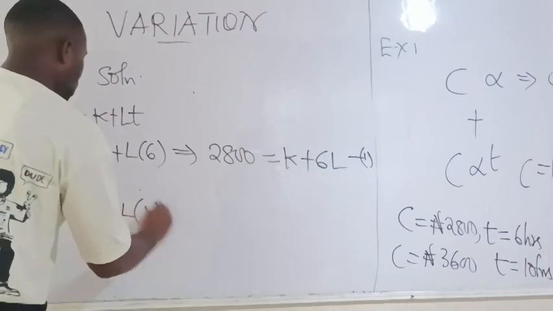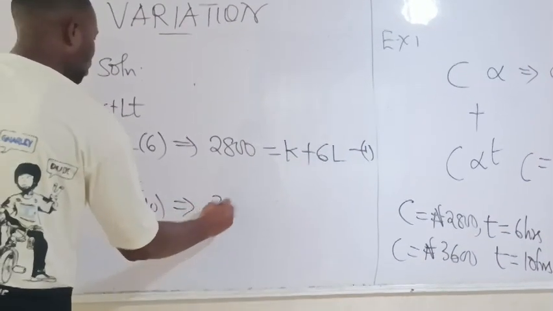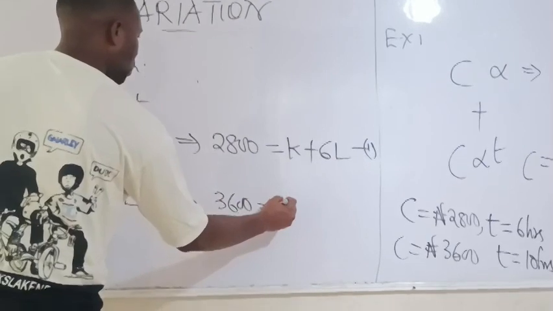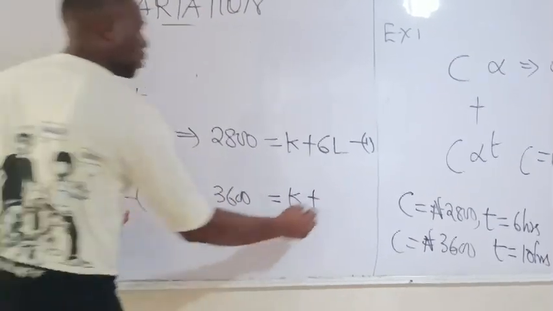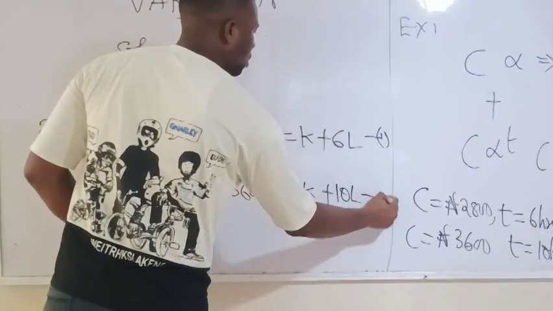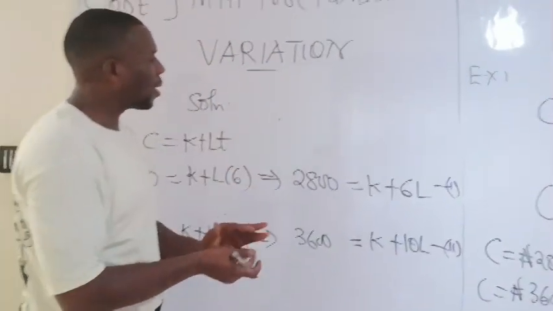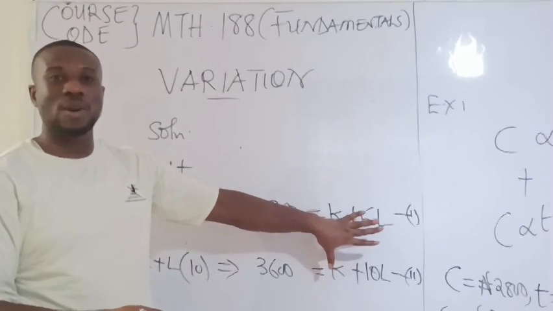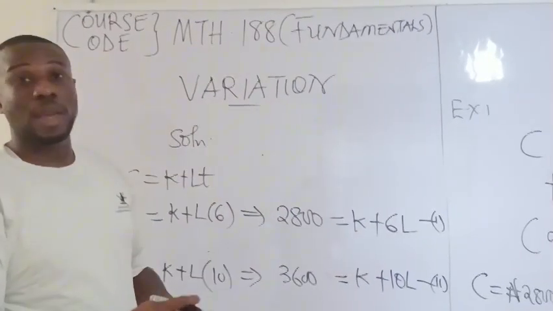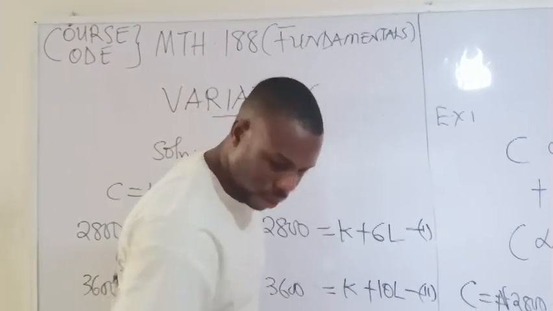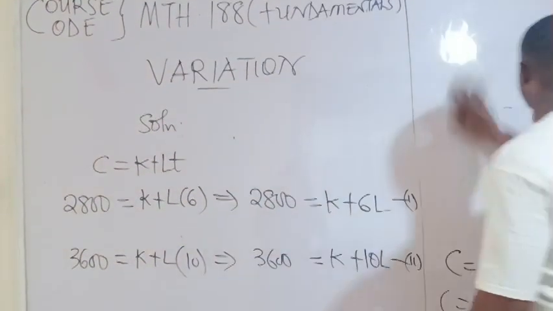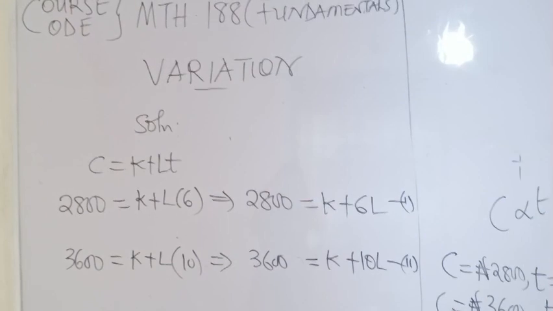This will boil down to 3,600 is equal to K plus 10L. This is equation 2. Clearly there are two letters here which stand for our constants, and I have to figure out what they are. And how do I do this? I have to solve this simultaneously.